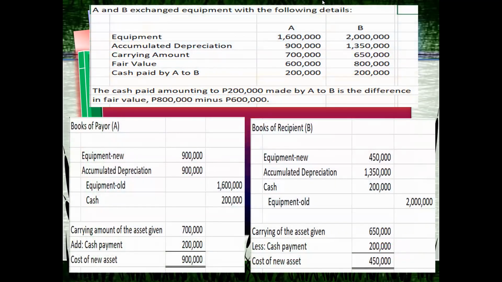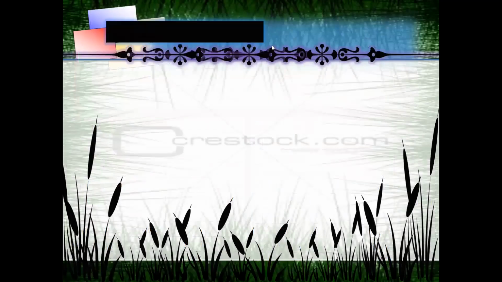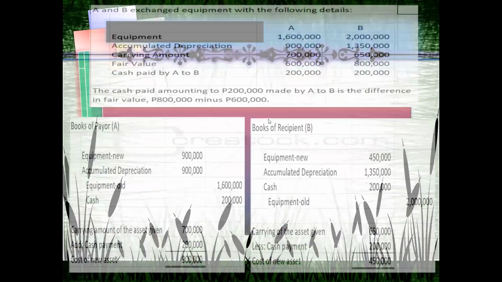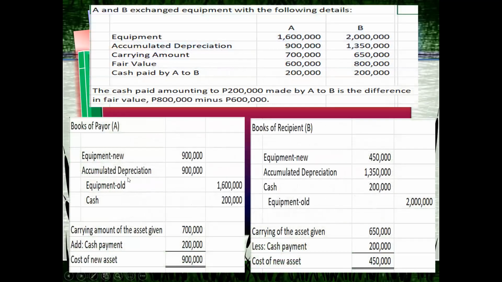So, balikan natin yung ating sample problem kanina, except that this time walang commercial substance. The same problem ito, tapos walang commercial substance. So, kung walang commercial substance, ang ating equipment na i-report ay equivalent na siya sa carrying amount of the asset that you have given, plus of course, any payment that you made.